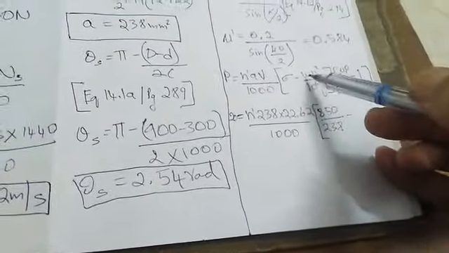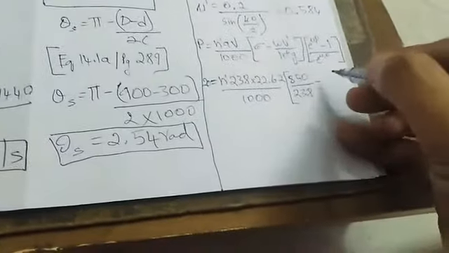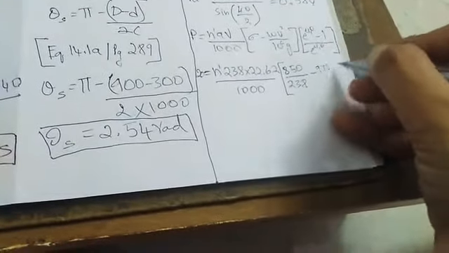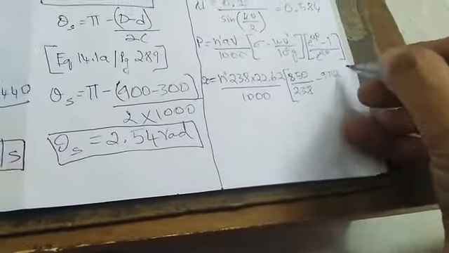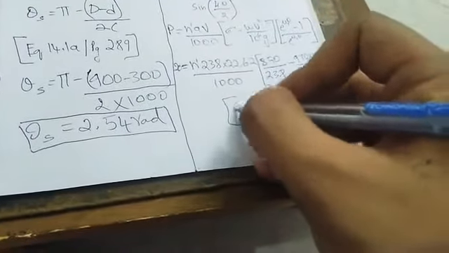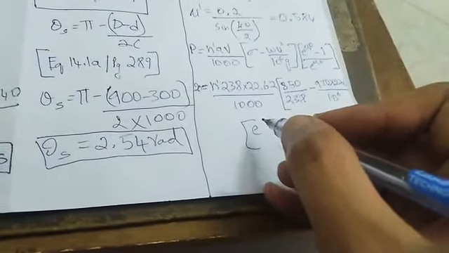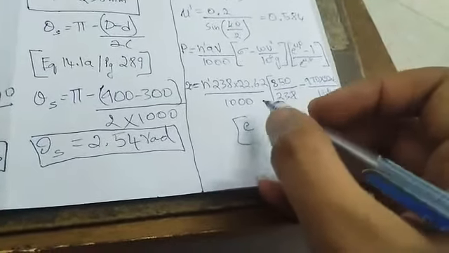Here for W it will be rho into g, and g will cancel and we will remain with rho. The value of rho is 970 into velocity 22.62 divided by 10 power 6 into e power mu 1 theta.